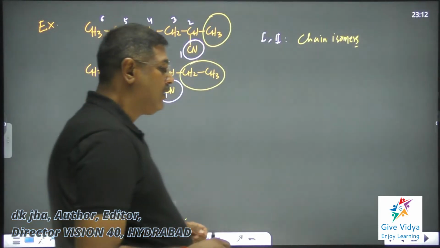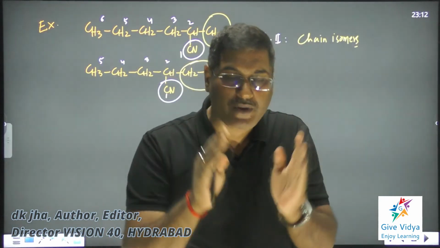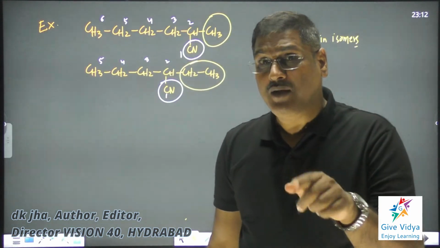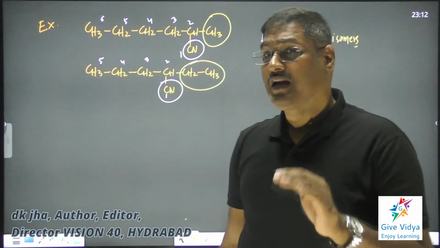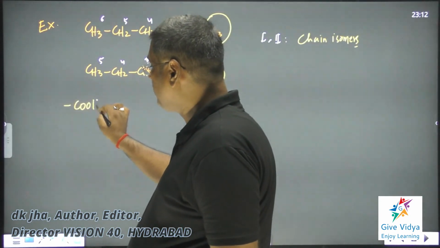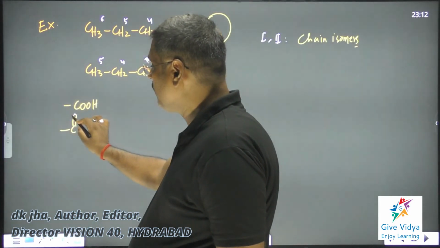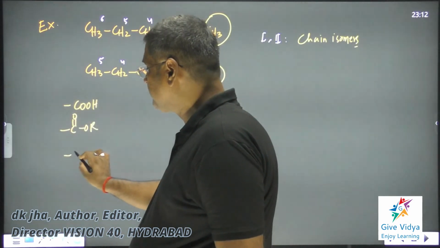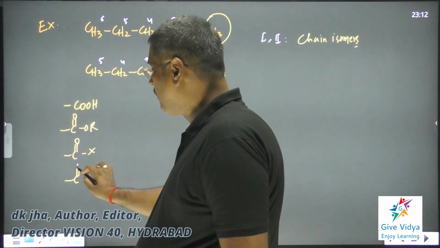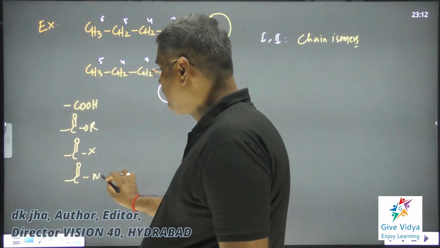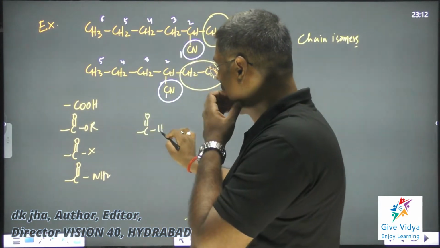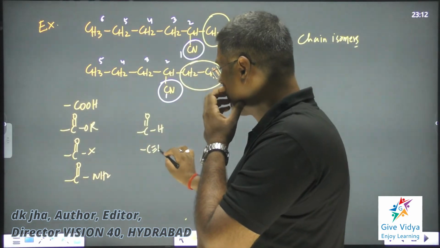But here, what you need to notice and remember is that carbon containing prime functional groups like COOH, like C double bond O, OR, like C double bond O, X, C double bond O, NH2, like C double bond O, H, C triple bond N.